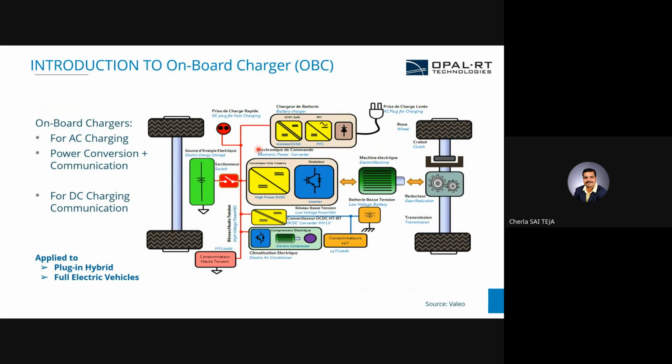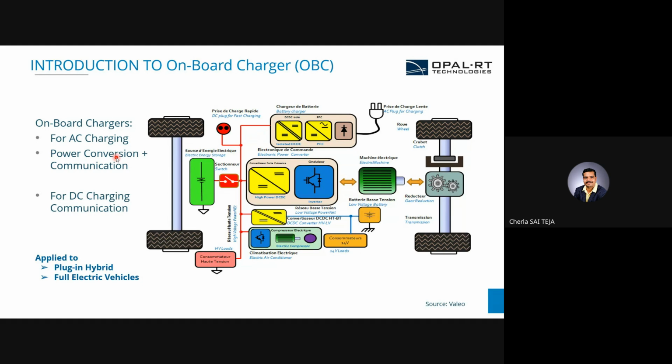Now coming to the onboard charger. The onboard charger plays its role when we have a physical grid AC terminal and want to charge the DC battery. The onboard charger will help in first converting AC to DC, and then we'll have one more DC to DC converter, which will help in charging the battery.